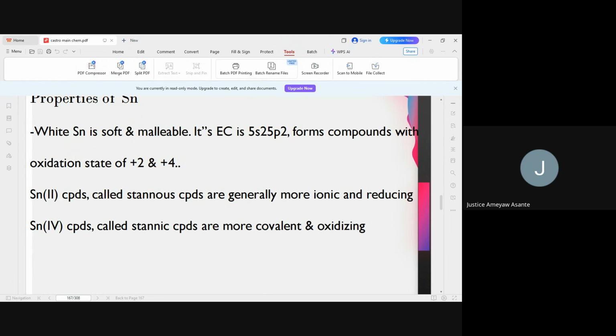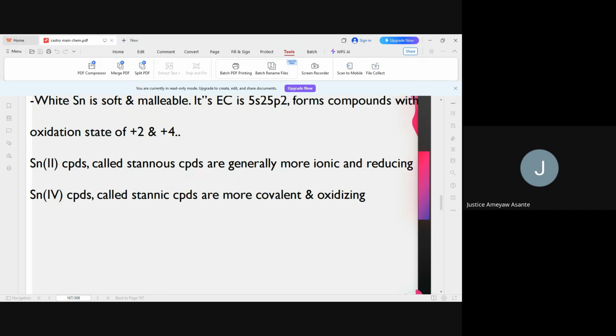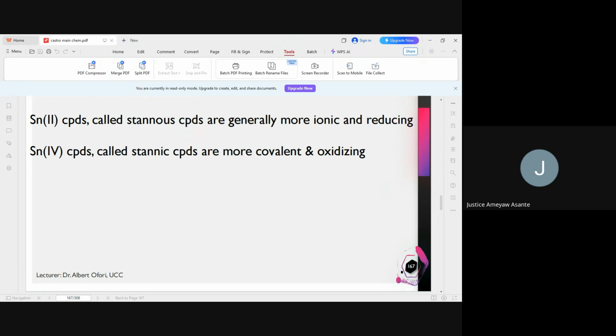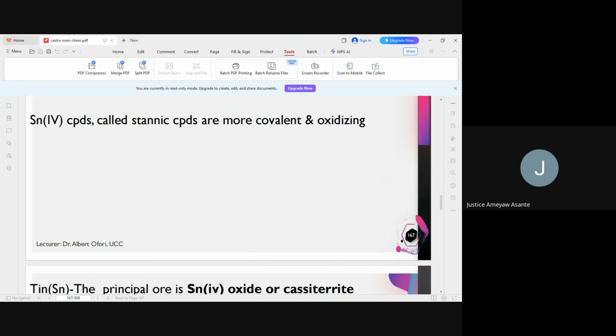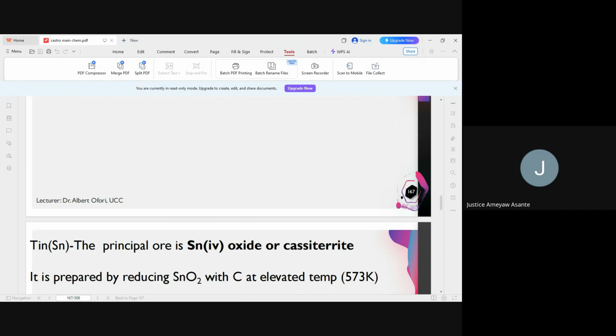Tin is soft, malleable, and forms compounds with oxidation state of +2 or +4. Tin(II) compounds, called stannous compounds, are generally more ionic and reducing. Tin(IV) compounds, called stannic compounds, are more covalent and oxidizing.